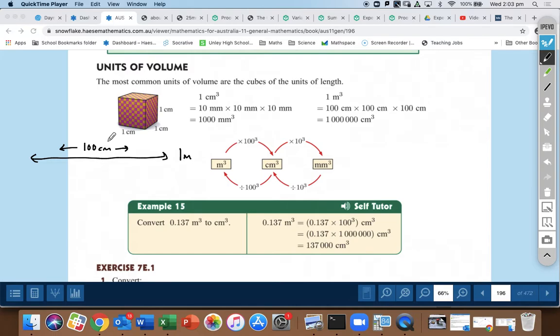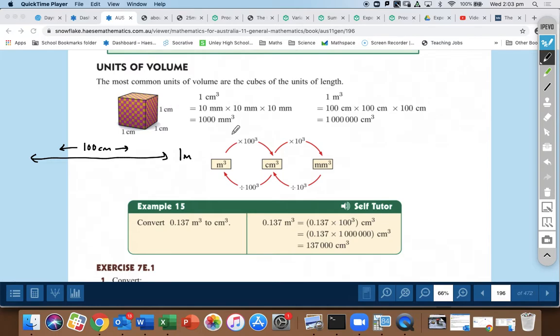You could imagine this is not the best diagram. It's like millimeters. So there'd be 10 times 10 times 10 cubic millimeters inside 1 cubic centimeter.